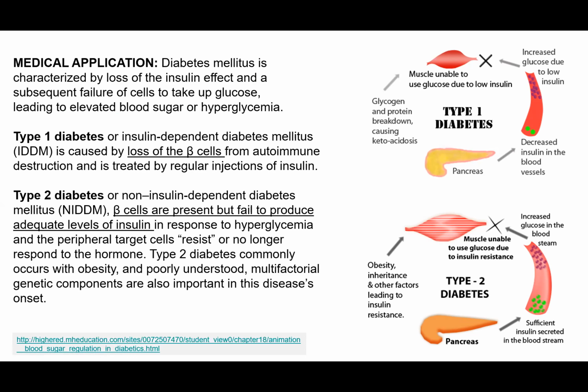Type 2 diabetes, this is non-insulin dependent diabetes. These are beta cells that are still there, but they don't produce enough insulin for whatever reason. And in response to the consistent hyperglycemia, the target cells become what's called insulin resistant. So they don't respond to whatever insulin there is.